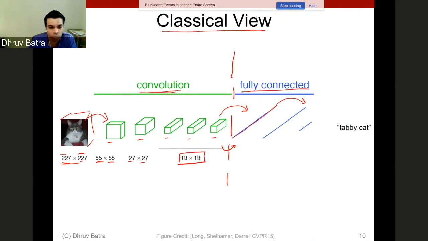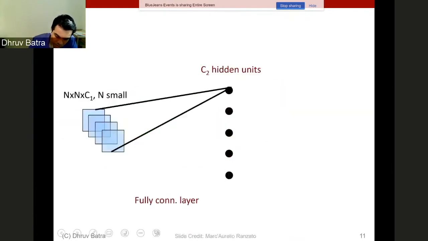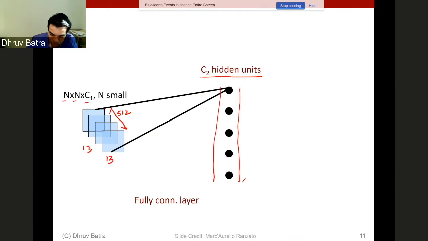It is common to go down to 13 by 13, 7 by 7, 5 by 5, or whatever. So there is a small 13 by 13 by maybe something large like 512 channel dimension. So an n by n by C1 tensor that we then have to convert into a long vector which is of size C2.